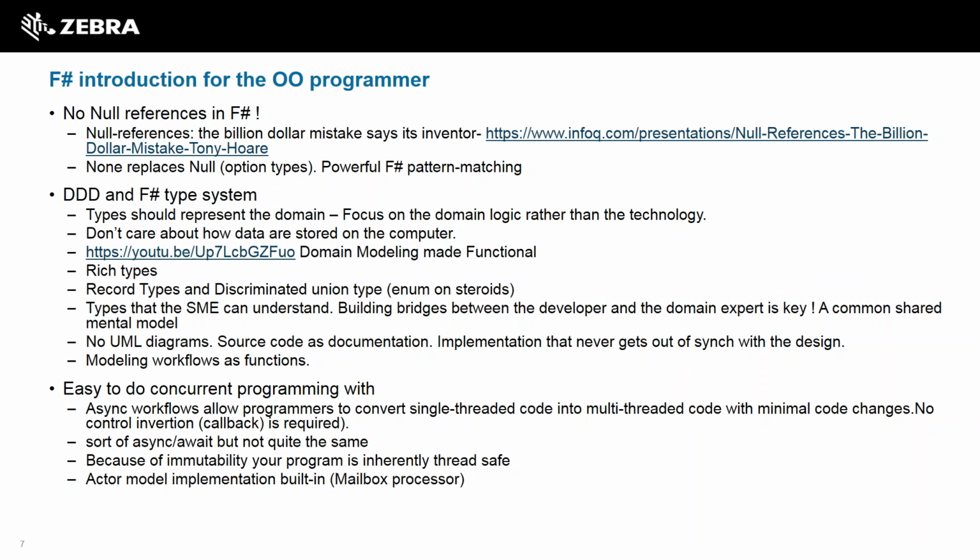Not dealing with none is a compile time error rather than a runtime error, which makes all the difference, of course. You actually find out before you even click the build button if you've not dealt with none. There is a very nice talk from Tony Hoare. This is the English researcher who originally introduced null in the 60s, I believe, in the ALGOL programming language, and that reflects on how introducing null was a bad idea and tries to estimate the cost associated with that.